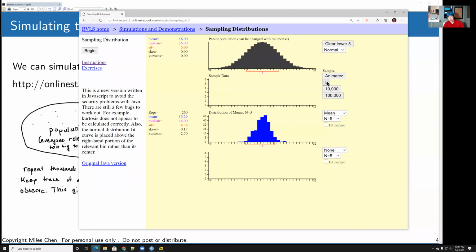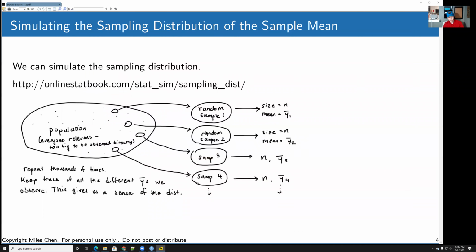So I'm going to go ahead and just click 10,000 here, or even 100,000. And so after a little over 200,000 random samples of 5, so it's this process where I'm taking random samples, and now I've done this not 4 times, but 200,000 times.